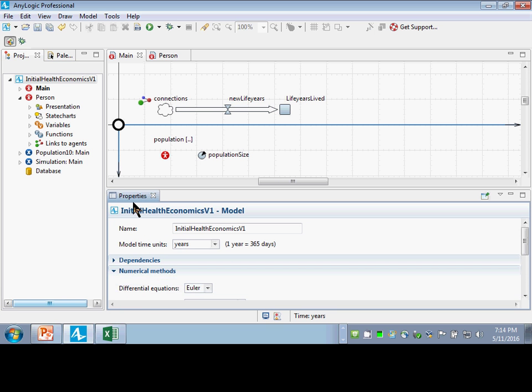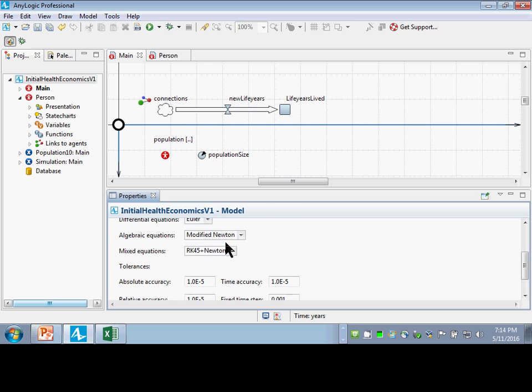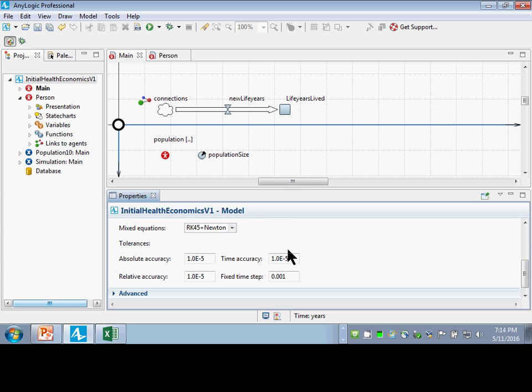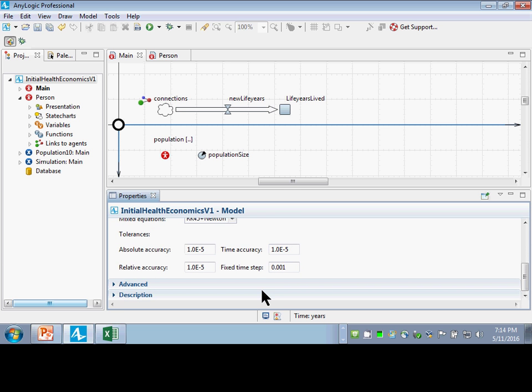I would have to double check my understanding, but I believe it's this component here that dictates how finely that numerical integration is being done. So if I change it to this, it'll be done every 0.1 of a year. Here it's every 1,000th of a year, so it's like 3 times a day.